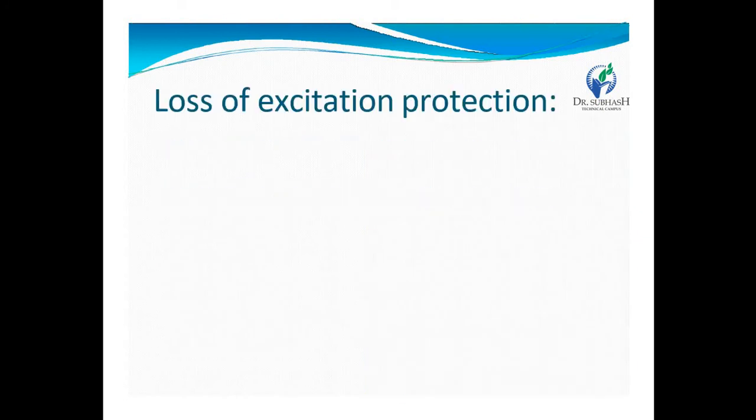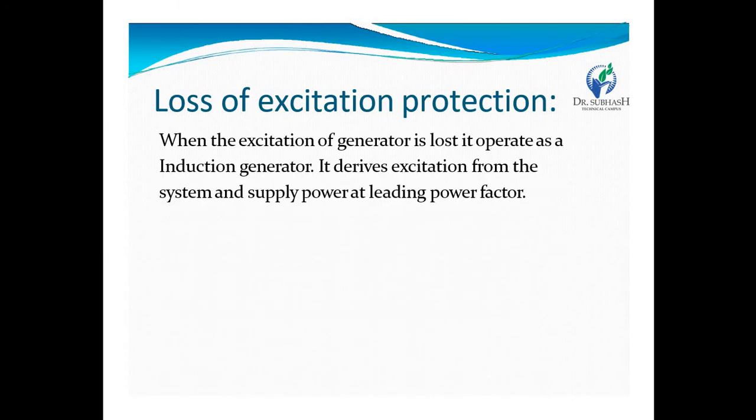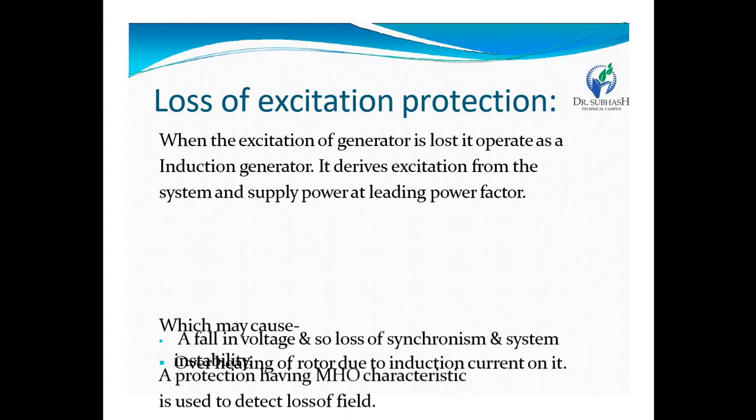Now loss of excitation protection. When the excitation of a generator is lost, it operates as an induction generator. It derives excitation from the system and supplies power at leading power factor.